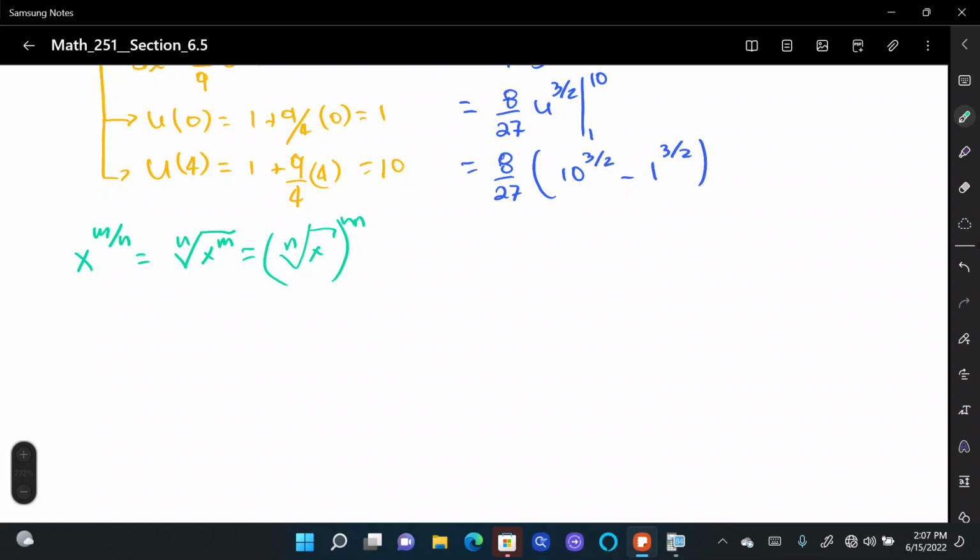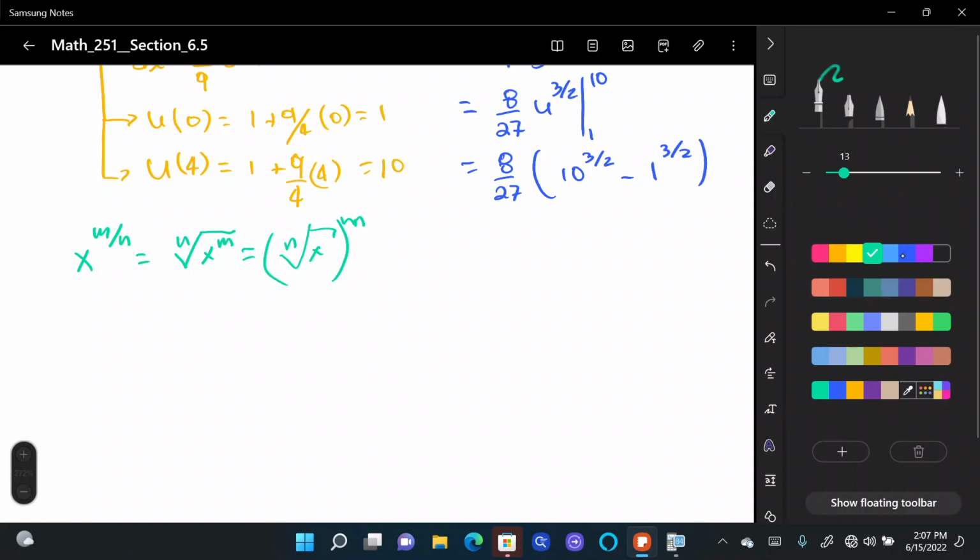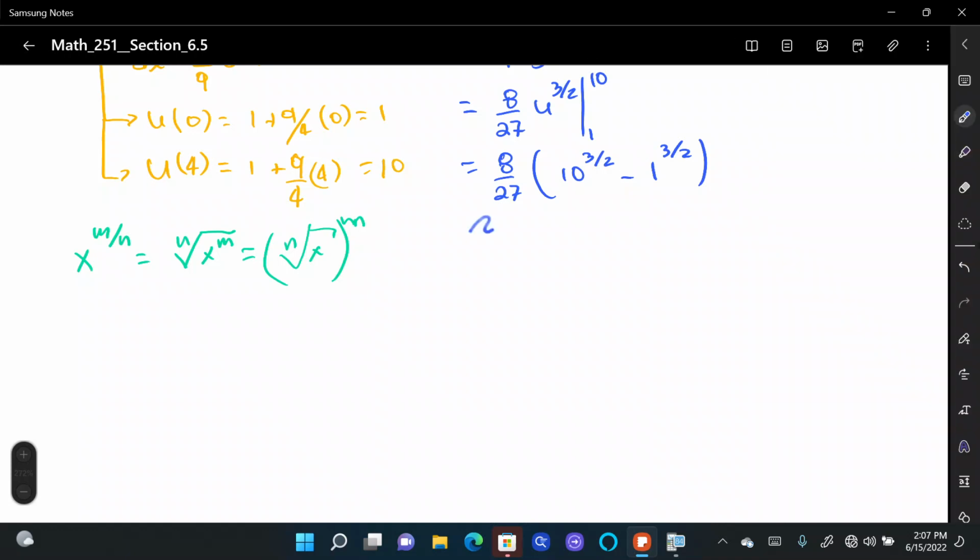All right, so let me rewrite this. Well, of course, 1 to any power is simply 1. But in this case, this is the square root of 10 cubed minus 1. But this 10 cubed can still be simplified, so we can compute that square root if we rewrite it in the following form. So this is the same as saying 10 squared times 10.